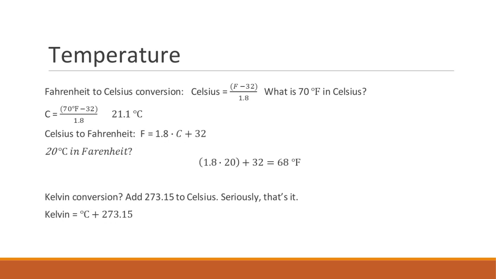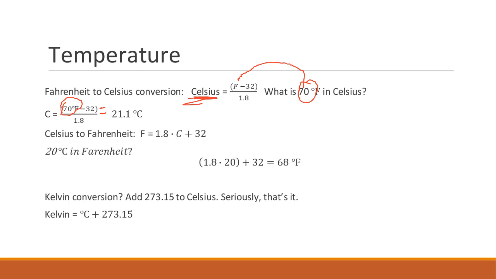Fahrenheit to Celsius, so if you're trying to find Celsius, right, and if I have 70 degrees Fahrenheit, then I would place that 70 into where Fahrenheit is, just like I have here. And you end up subtracting 32, dividing by 1.8, and that is going to equal 21.1 degrees Celsius. So you can see how it's way easier to tell somebody that it's 70 degrees outside than 21.1 degrees Celsius.